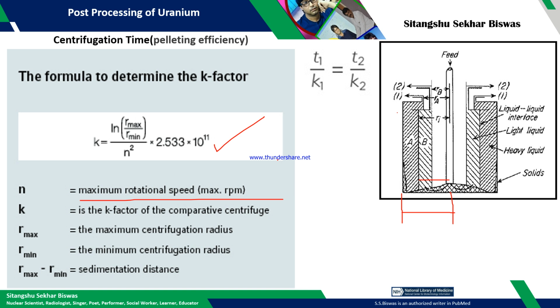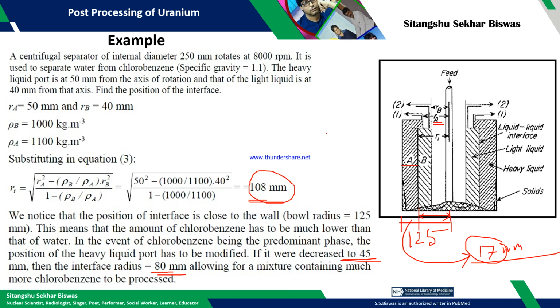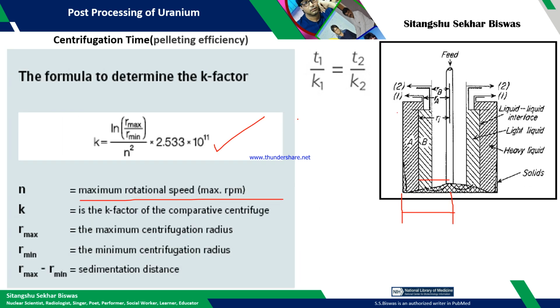So to find the K factor for a given liquid, you take the centrifuge and rotate it at a known RPM, find R max and R min from the previous slide, and then calculate the K factor.